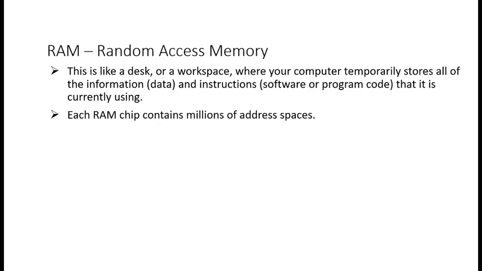Therefore we use huge RAM sizes, like 8 GB, 4 GB or 16 GB. Each RAM chip contains millions of address spaces, and those address spaces will store the data and instructions with which you have to work. And the CPU will fetch the instructions and their corresponding data to work.